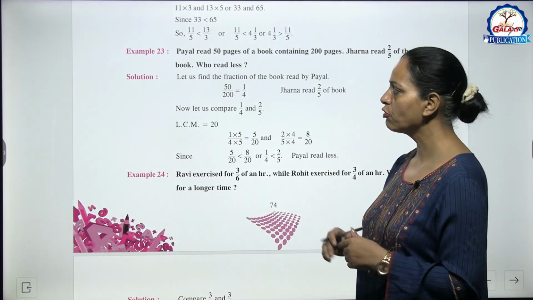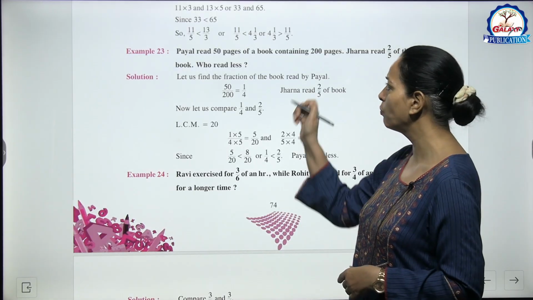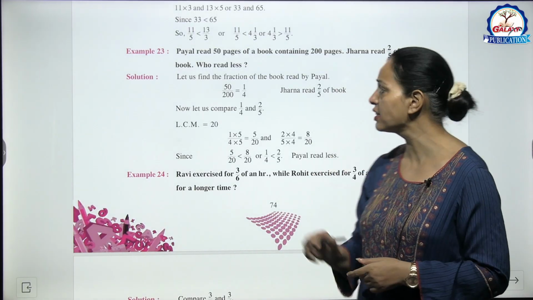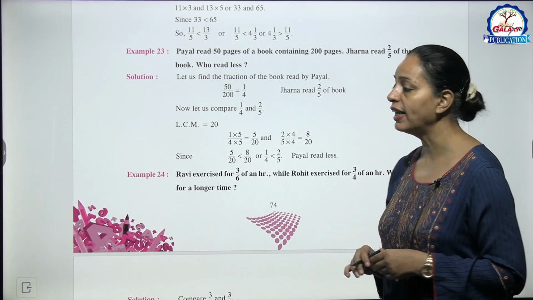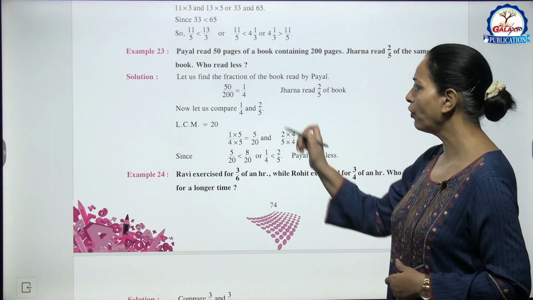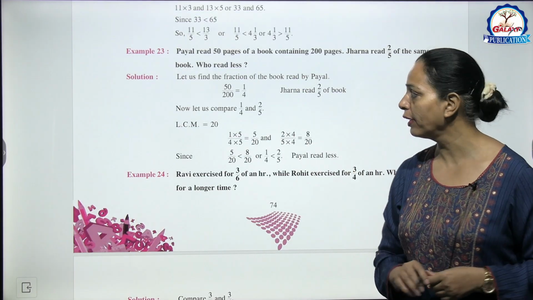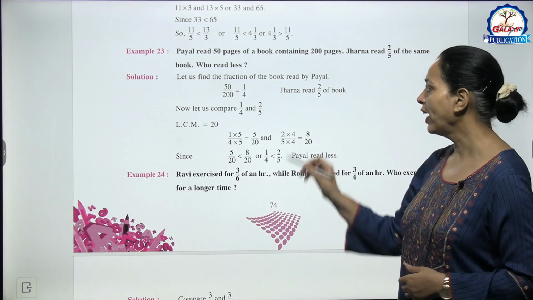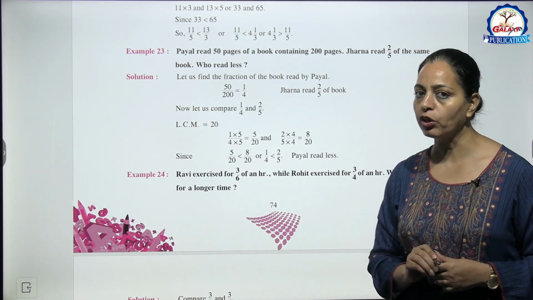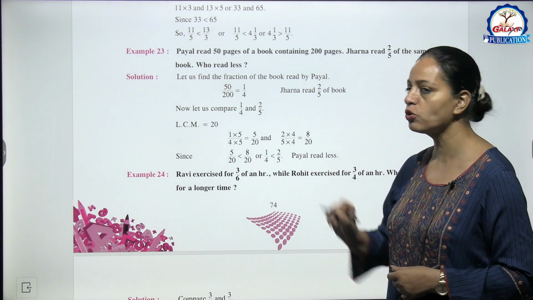Okay. Now example 23. Payal read 50 pages of a book containing 200 pages. Jharna read 2 by 5 of the same book. Who read less? So let us find the fraction of the book read by Payal. 50 upon 200 means 1 by 4, and Jharna read 2 by 5 of the book. Now compare 1 by 4 and 2 by 5.